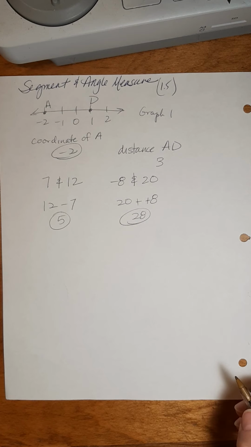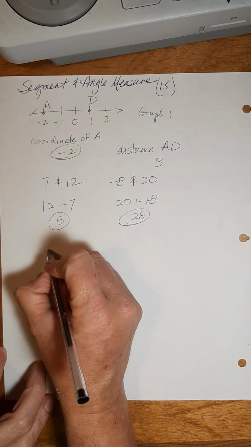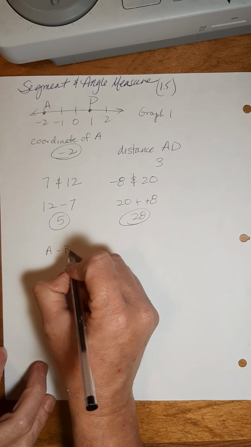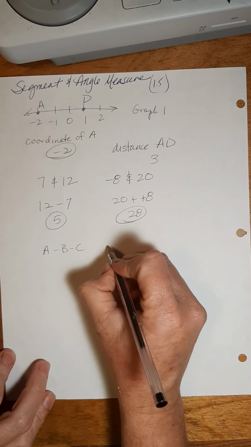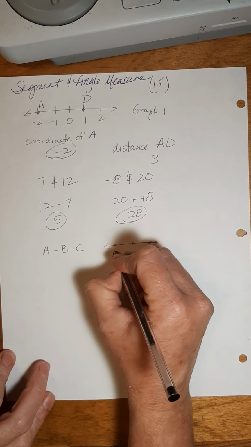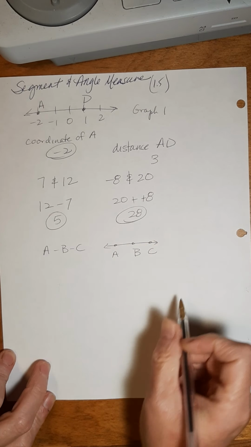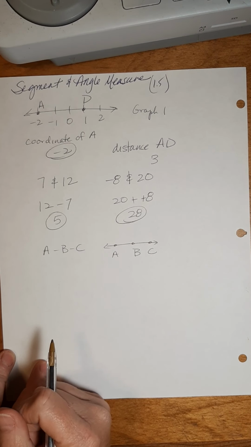Now remember the other day that if I were to say B is between A and C, it literally is between it. We can't say it's in the middle, but it's just somewhere in between.